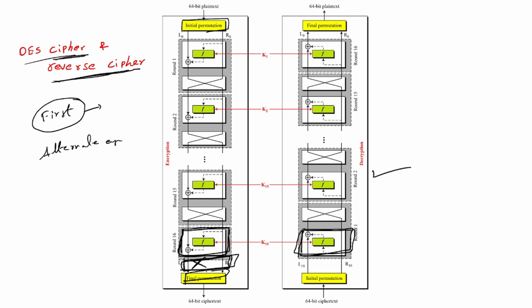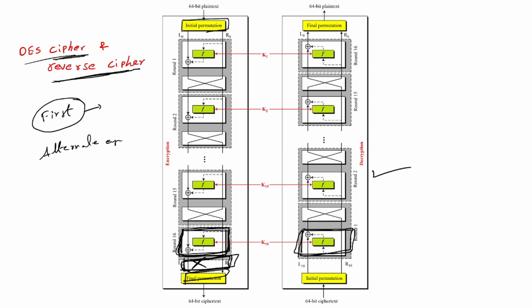By applying two swappers, there is no change in the bits. Round 1 to round 16 all follow the same structure, and we add an extra swapper in between round 16 and the final permutation.